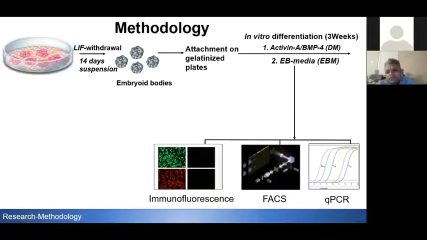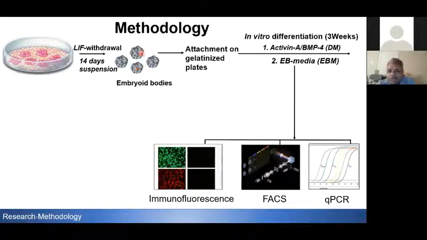The pluripotent stem cells are no longer undifferentiated, and they start differentiation. So we left them in suspension for about 2 weeks, and after that, they make clumps among themselves, which we call embryoid bodies, and they look like three-dimensional aggregates of these stem cells.